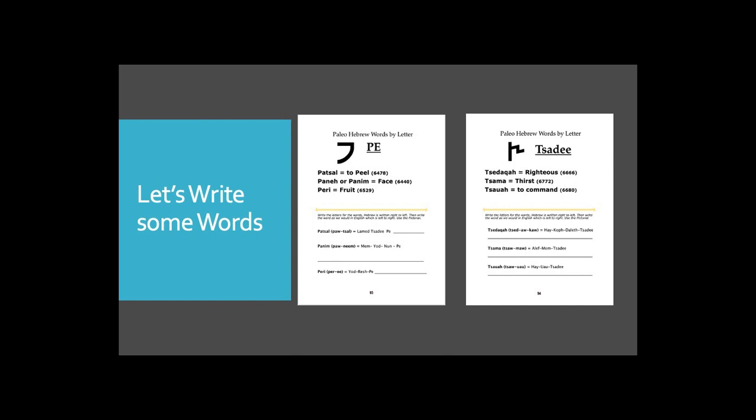Okay, so that is tazi, dalet, kuf, which is the Q, K-O-P-H is the Q, hey. So that is righteous, number 6666, tazikah, maybe, tazi, dalet, kuf, resh.